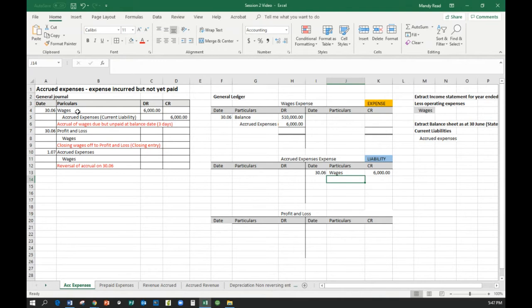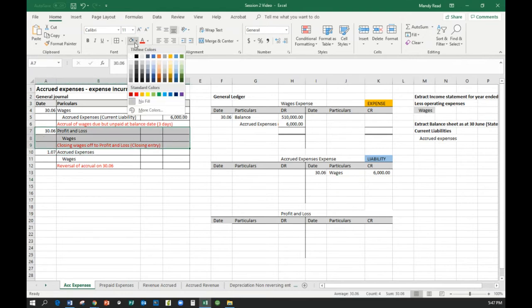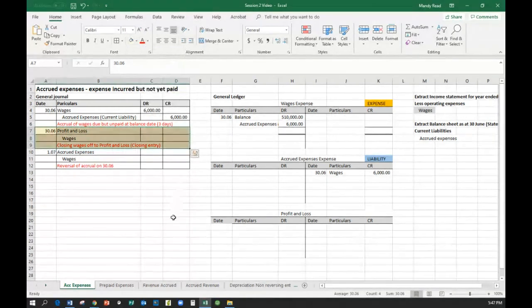Now, you also know that on the last day of the financial year, we close off all our expense accounts to the profit and loss accounts. Please bear in mind, if you're following in the book, this section here, the book does not put in. I am putting it in so that I can show you exactly how it works. So on the 30th of June, we need to close off this wages account.